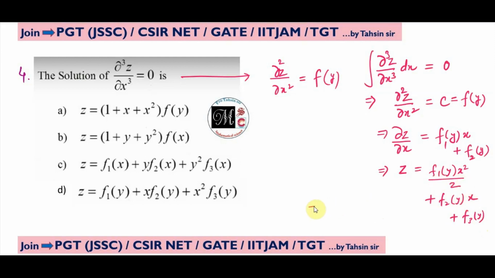Since f1(y) by 2 is simply a function of y, we write f1(y) x square plus f2(y) x plus f3(y). So according to the function-wise distribution, the correct option is option D, because here x with a function of y, and x square with a function of y, match completely with our solution. So the correct option is option D.